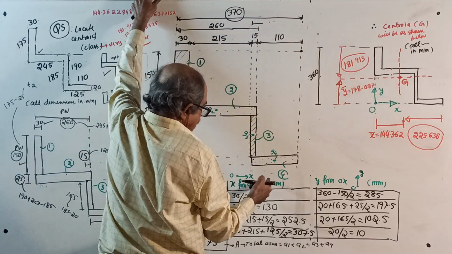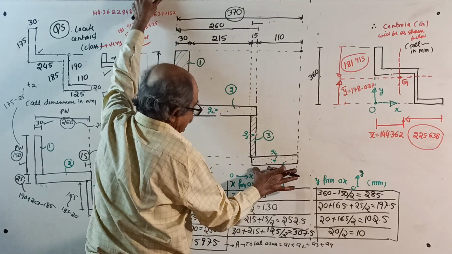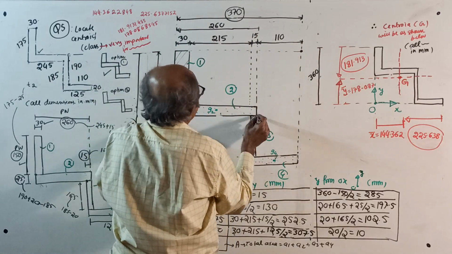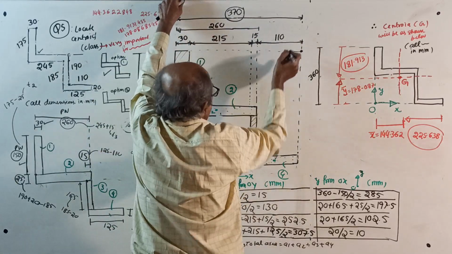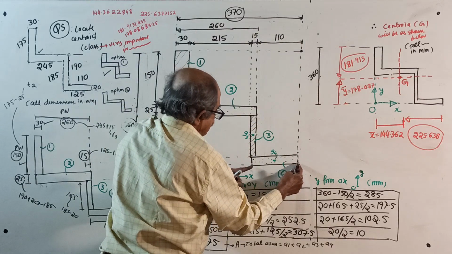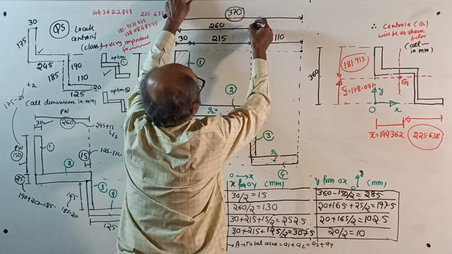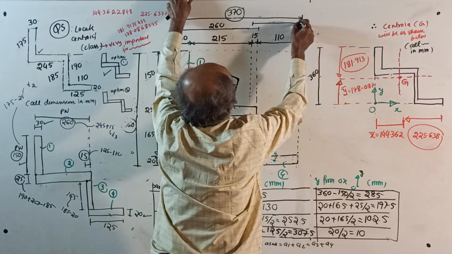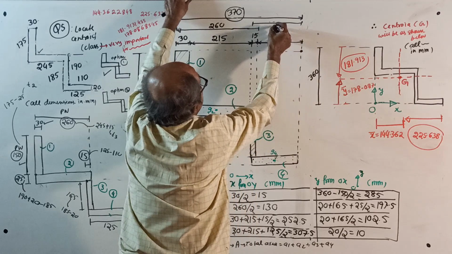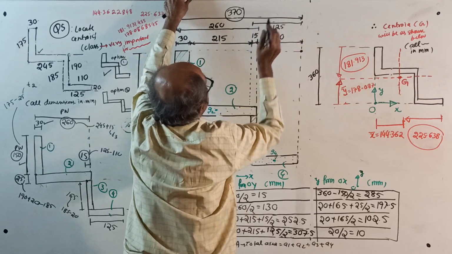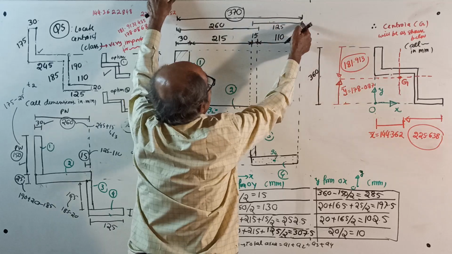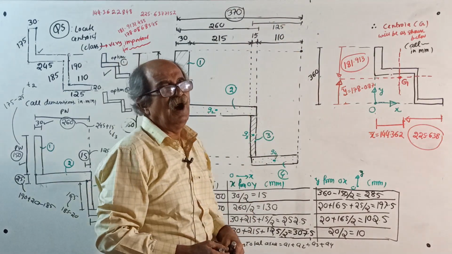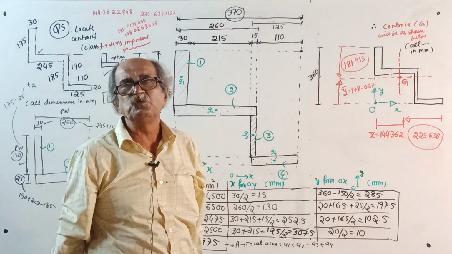Okay, no problem. This rectangle is 260 up to here. Then this rectangle, from here up to here, they are overlapping, no problem. This is 125, since it is 125, this is 15, this is 110. That's what you can make. After all, high school or primary school level mathematics.